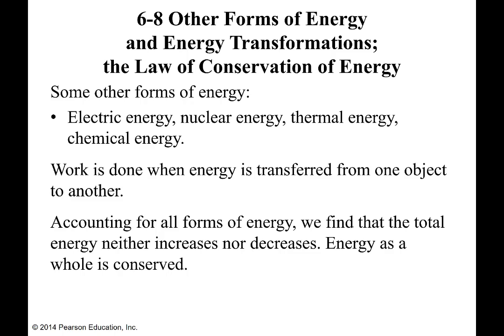Other forms of energy and energy transformations: there are other forms of energy such as electrical energy, nuclear energy, thermal energy, chemical energy, and so on. We are not solving any problems related to them, but as long as you know that there are other energy sources.